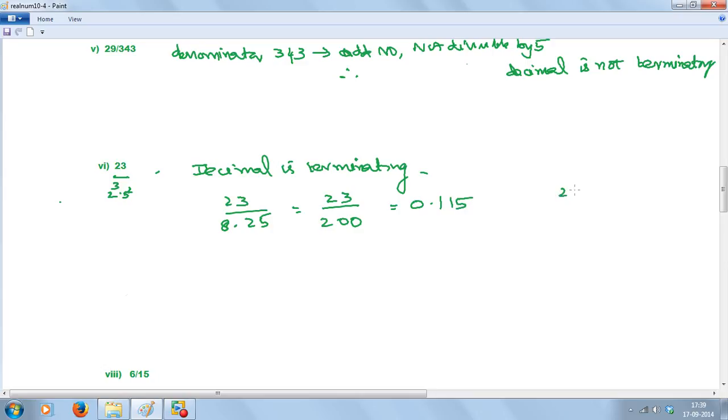So we can divide like this. 23, we add a 0, it is 200. Now it's 300, 1, 5.